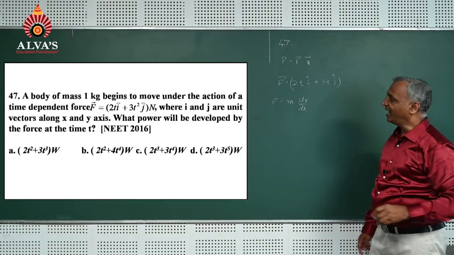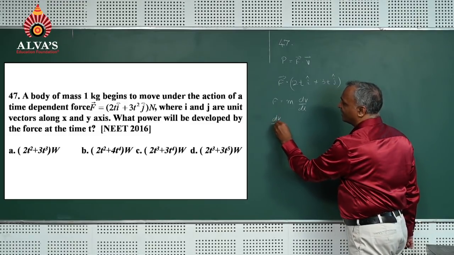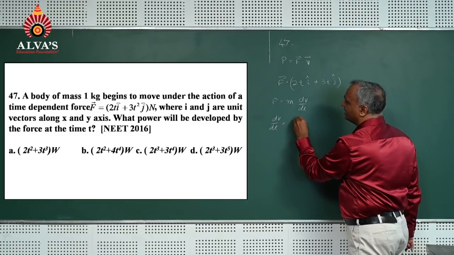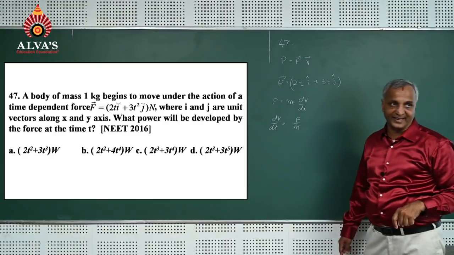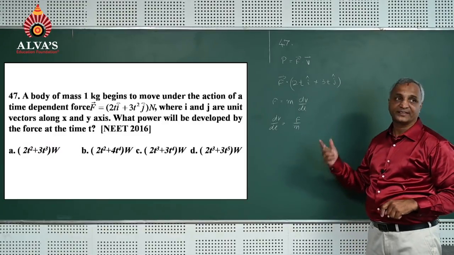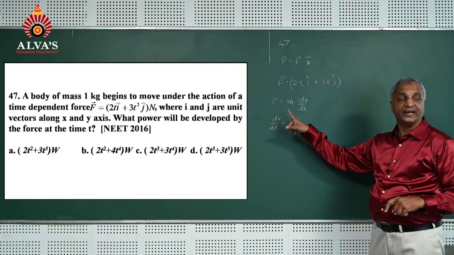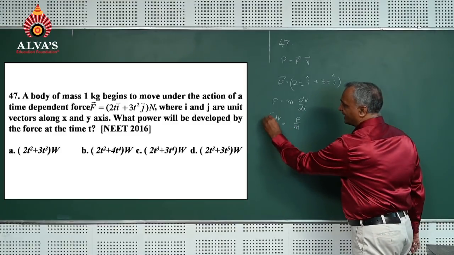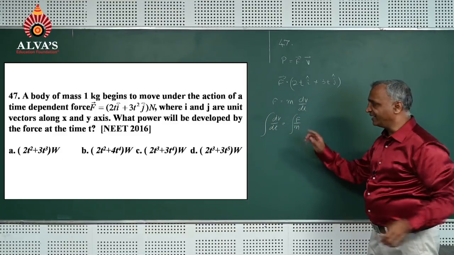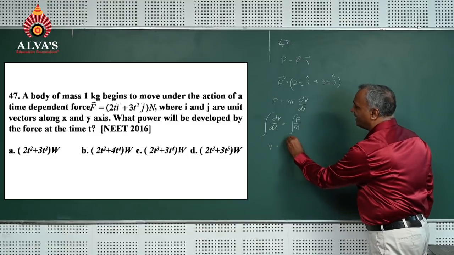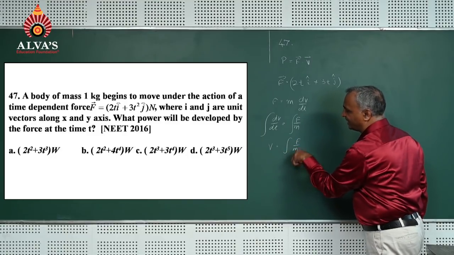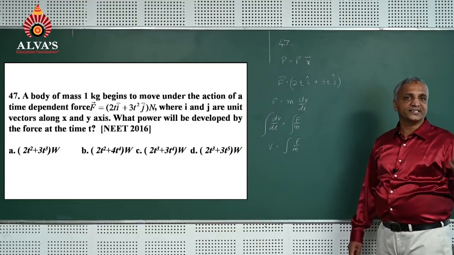And so dv divided by dt is equal to F divided by m I can write. I want v. That is why you integrate this equation. So integration of F by m gives v. But mass anyhow it is given as 1.